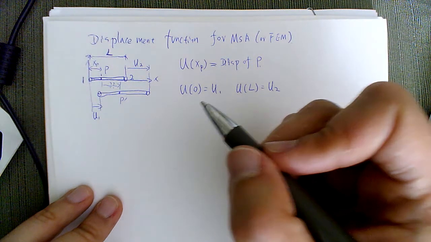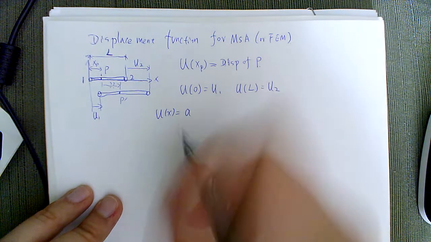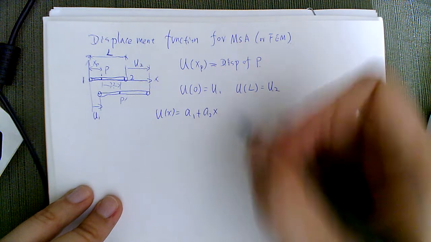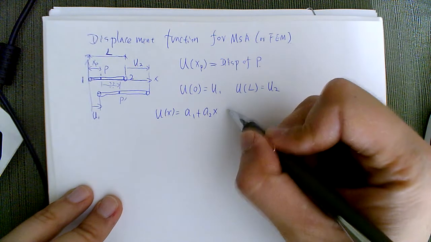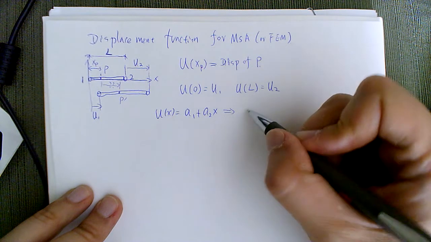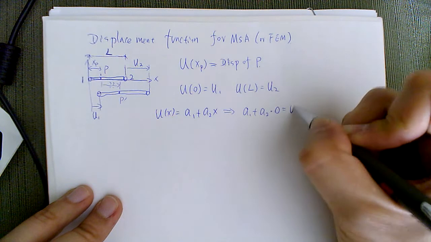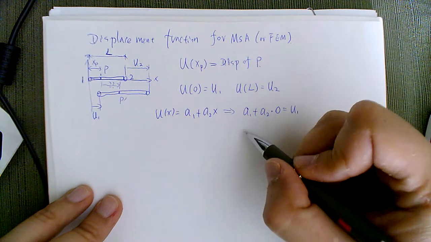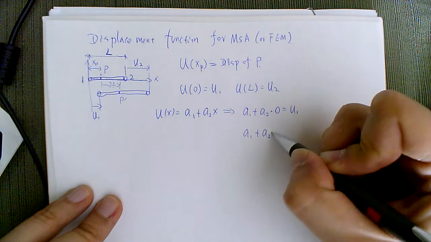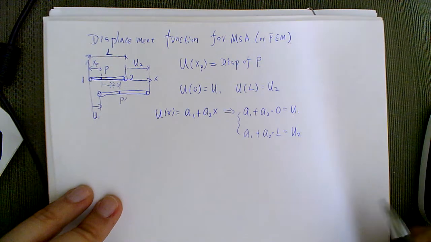So I can assume u(x) equals a1 plus a2x, and I can write two equations based on this. The first is a1 plus a2 times 0 equals u1. The second is a1 plus a2 times L equals u2.